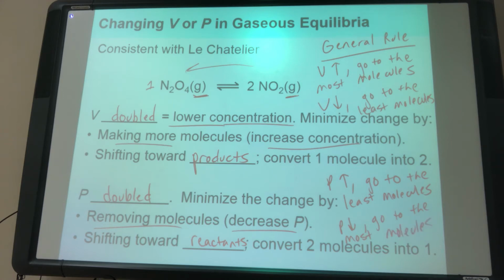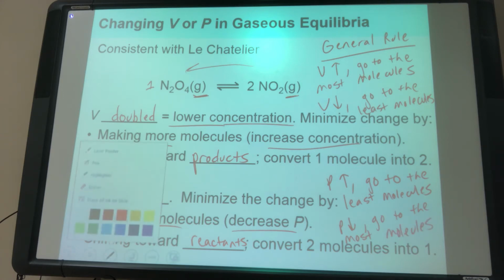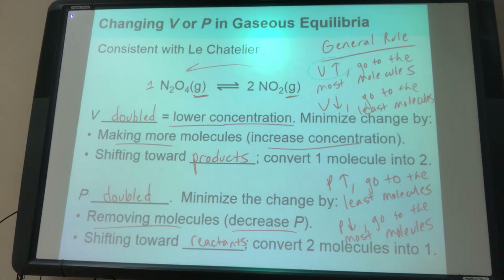So what you need to see is it's kind of opposite of volume. Volume is up and most, pressure is up, it's least. Okay, so this is kind of tricky because a lot of people start getting them all confused and mixed up. So you need to be consistent and keep it straight.